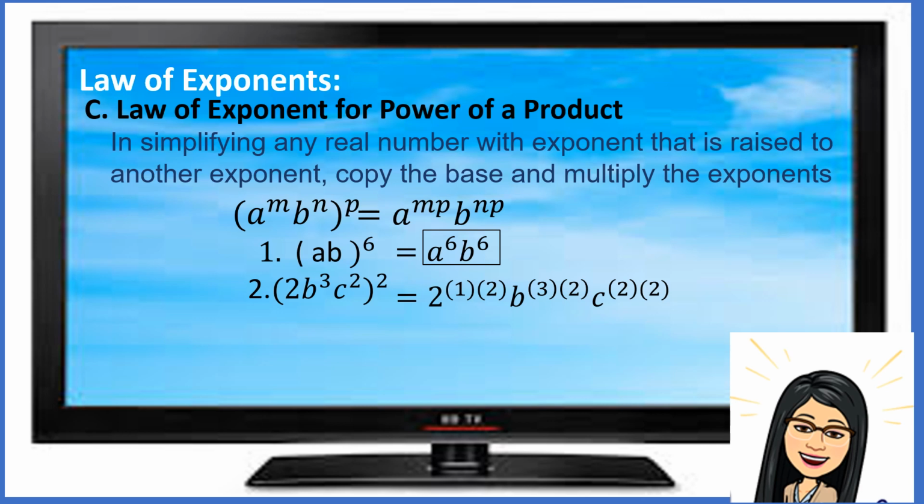And we will get 2 raised to 1 times 2, that is now 2 squared, which is 4. b raised to 3 times 2, which is b raised to 6. And c raised to 2 times 2 is c raised to 4. So, we have 4, b raised to 6, c raised to 4 as final answer.